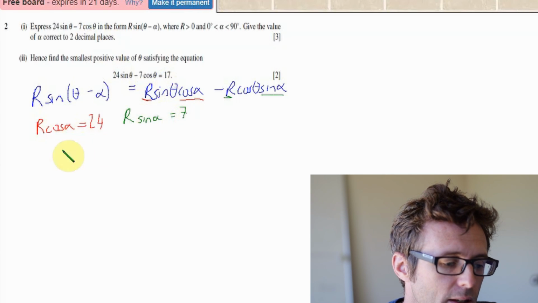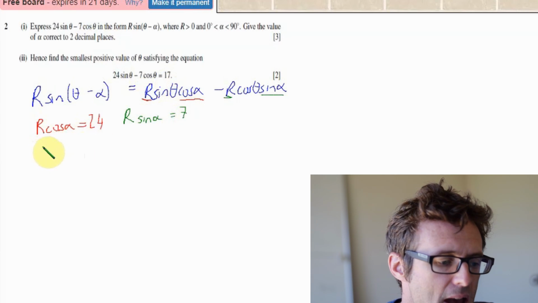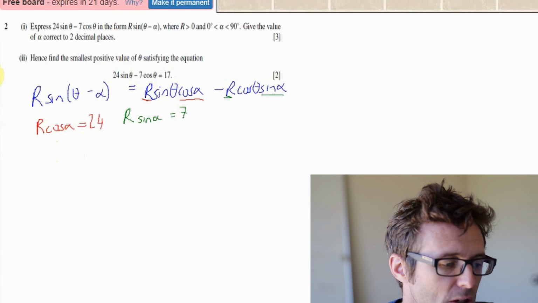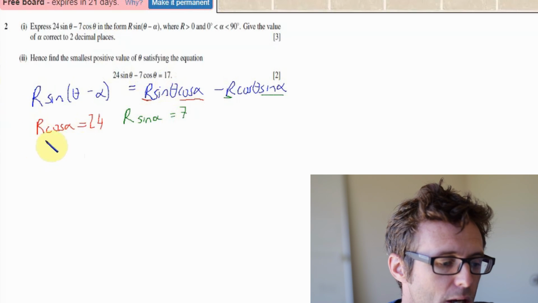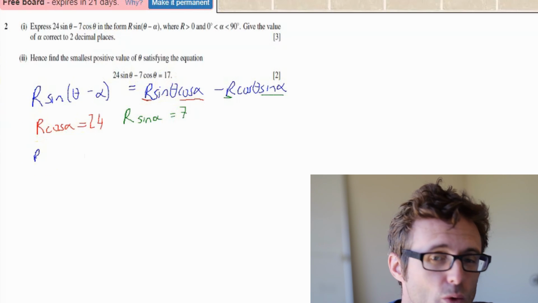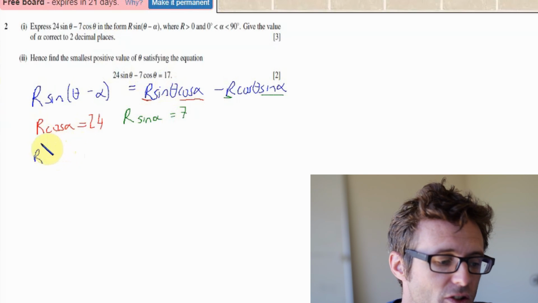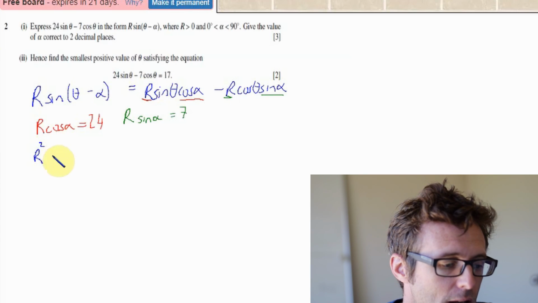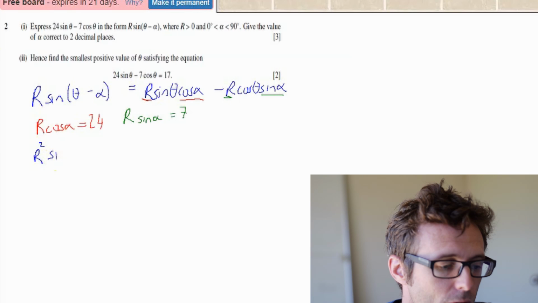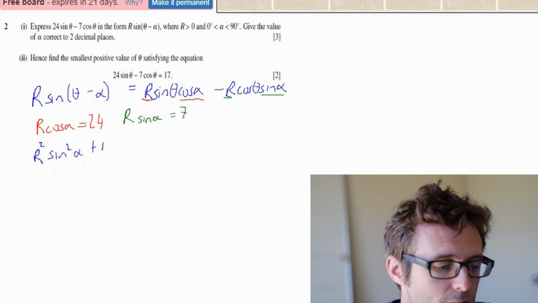And at this point, we're just going to use some basic maths. So we'll go back to blue here. I'm going to square both left-hand sides and add them together, and square both right-hand sides of these two equations and add them together. So I'll have r squared sine squared alpha plus r squared cosine squared alpha is equal to 24 squared plus 7 squared.